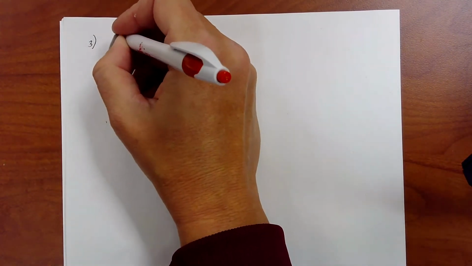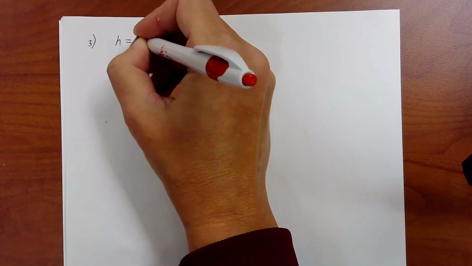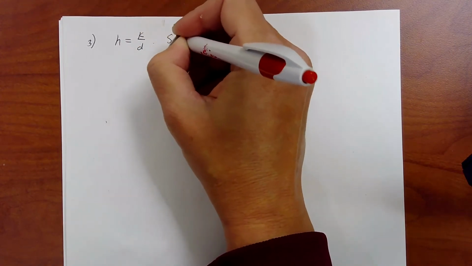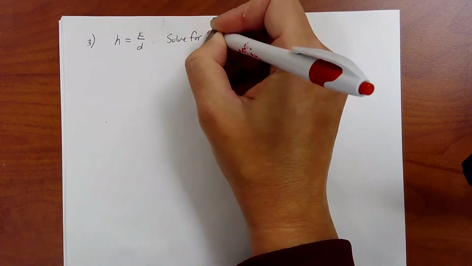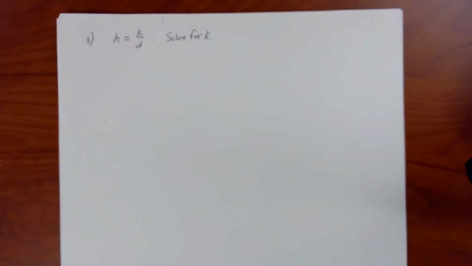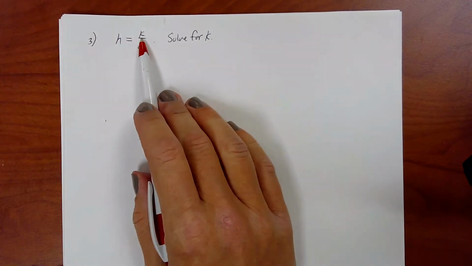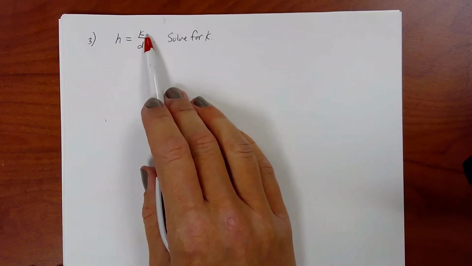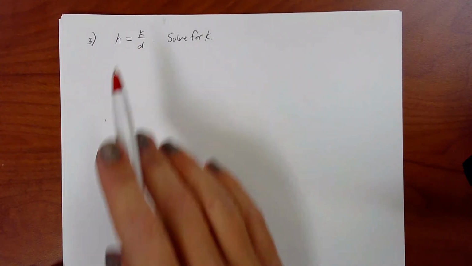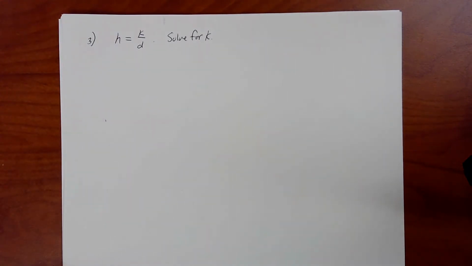How about H equals K over D. Solve for K. So my eyes go right to the K. I always look at what I'm trying to solve for, and then I ask myself, what's happening to the K? It's getting divided by D. I have to do the opposite to solve it.